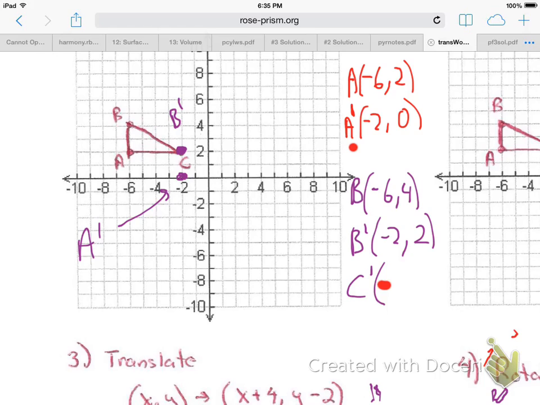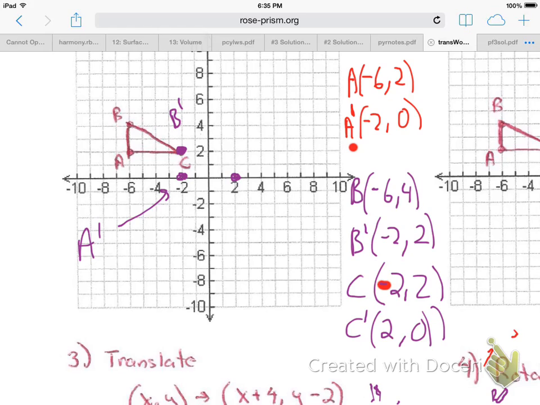So C was at -2, 2. And that means we're going to put C prime. We're going to add 4, so that will be +2, and subtract 2 from y, that will be 0. So now I'm over here at 2, 0.